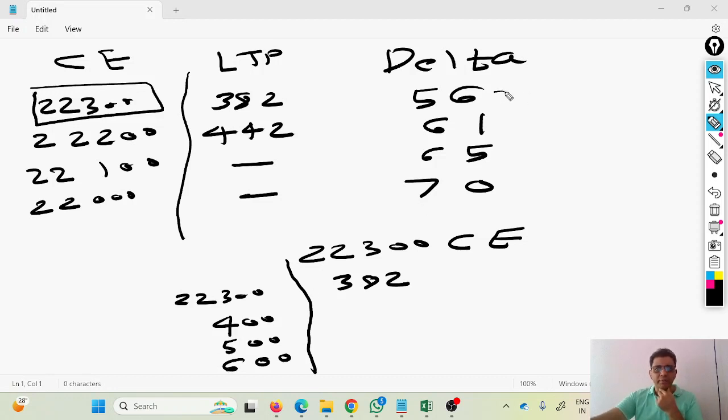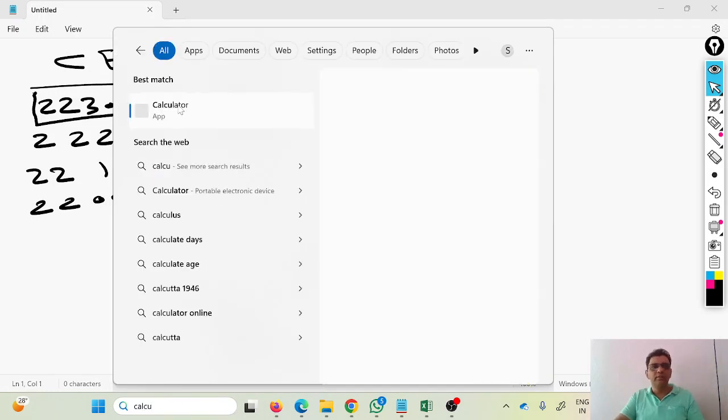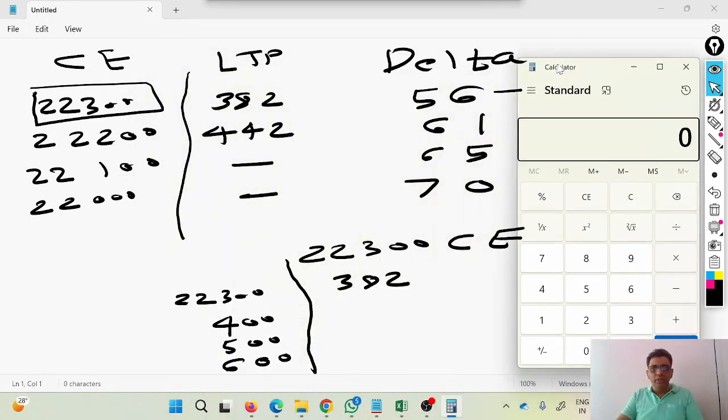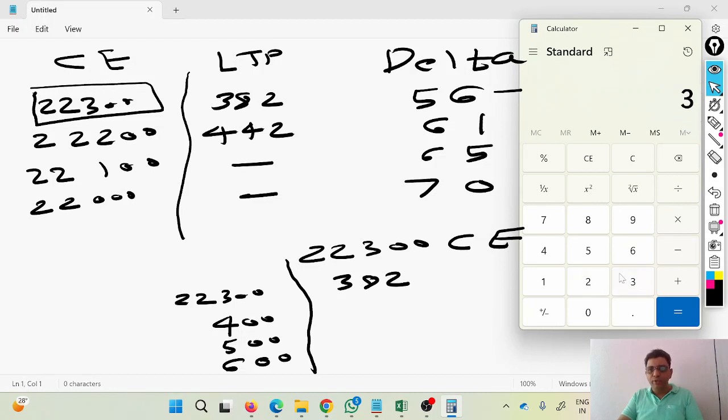Its delta is 56. So according to the delta calculation we talked about yesterday, I will open the calculator over here. My price will go to 382 plus 56.